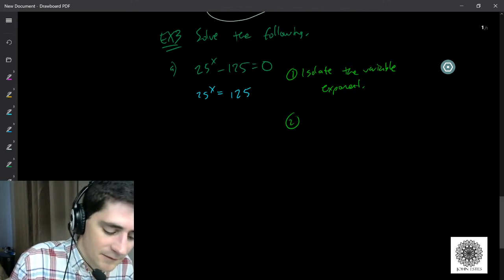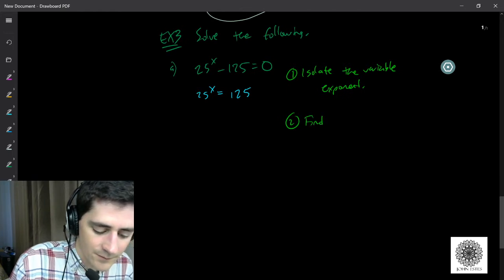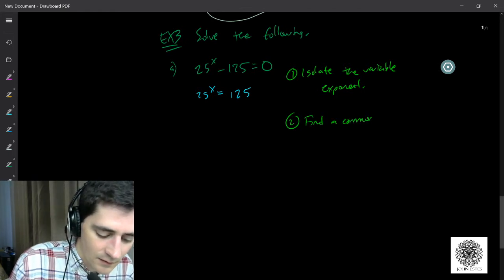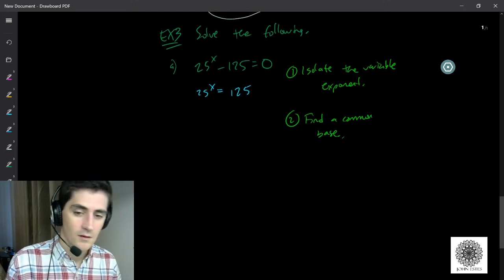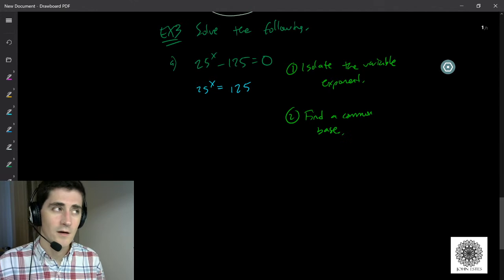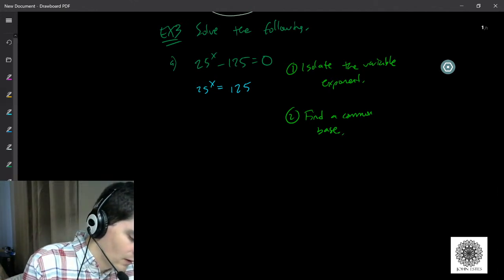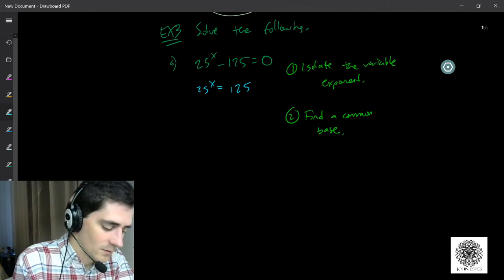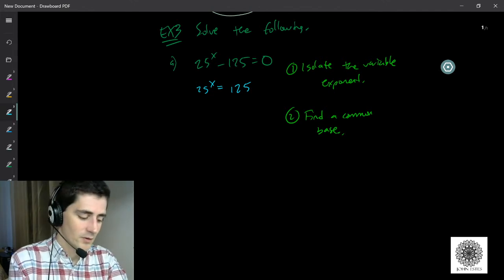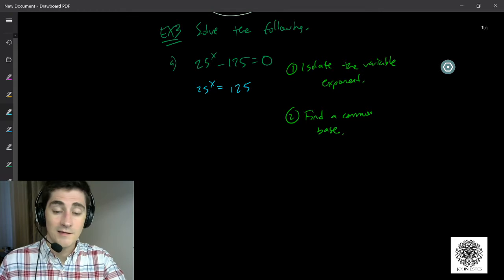Now we need to try to find a common base. Okay, now I don't know powers of 25 too well, but I do know that 25 squared is not 125. So what can we do? Well, what I can do is maybe not think in terms of 25, but remember that 25 itself is 5 squared, right?